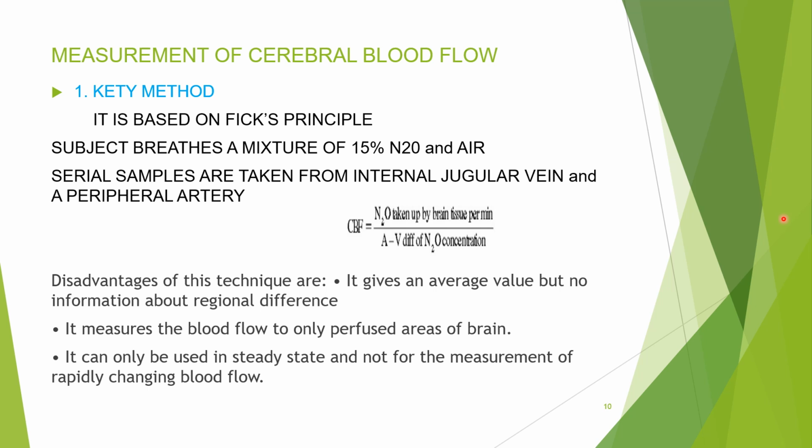So the cerebral blood flow can be calculated by this formula: CBF, that is cerebral blood flow, is equal to nitrous oxide taken up by the brain tissue per minute divided by the arteriovenous difference of nitrous oxide concentration.